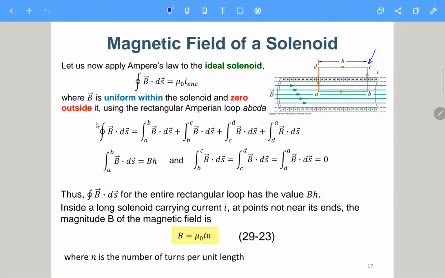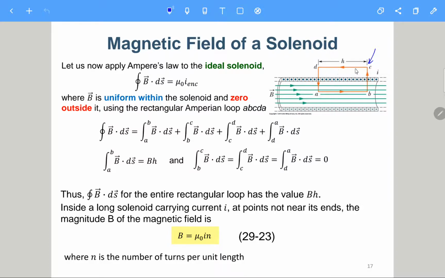This line integral can be separated into 4 parts because there are 4 sides. We integrate from A to B, B to C, C to D, and D to A, and then add all these 4 terms together. So let's consider the final 3 terms first.